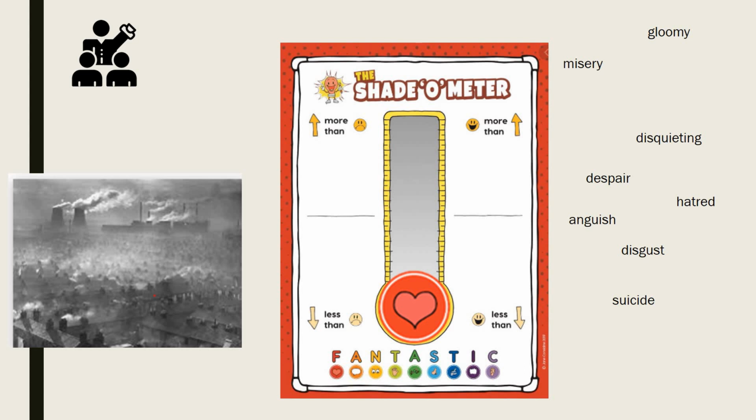Something else is the feelings. So although the writer is focusing on describing London and the fog and the smoke and the air quality, the effect this has on her and the inhabitants are those words that you can see on the right. She describes gloomy, misery, disquieting, despair, hatred, anguish, disgust, suicide.